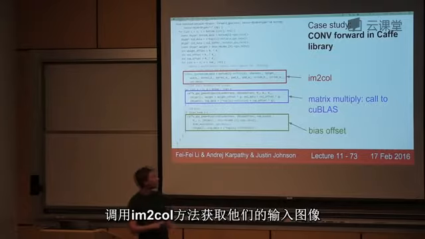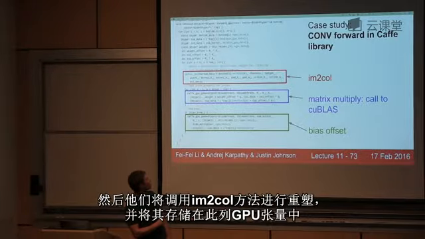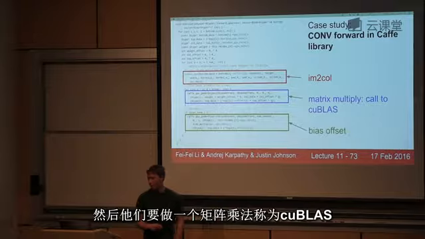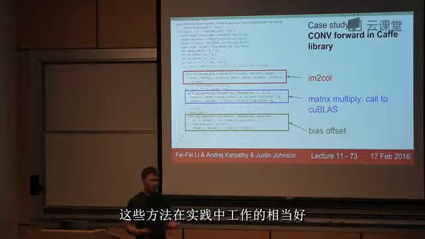This is taking their input image, and then they're going to reshape this, calling this im2col method, and then store it in this column GPU tensor. Then they're going to do a matrix multiply, calling into cuBLAS to do the matrix multiply, and then add the bias. So these things tend to work quite well in practice.